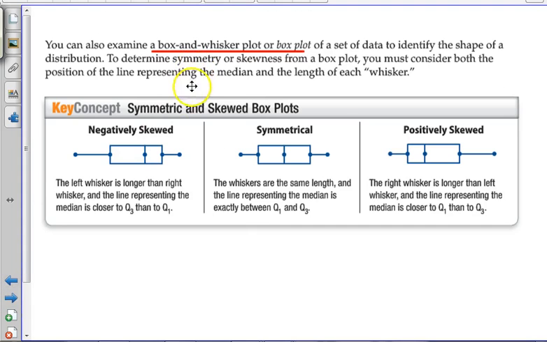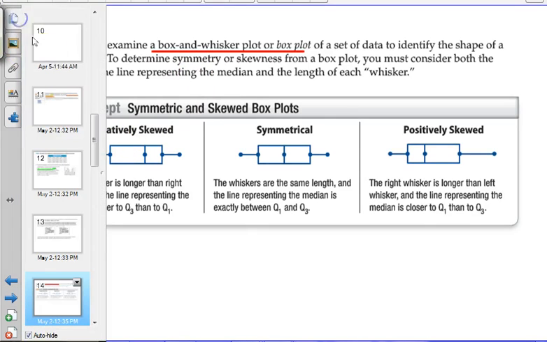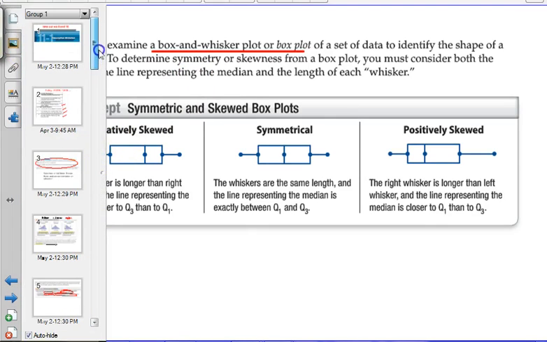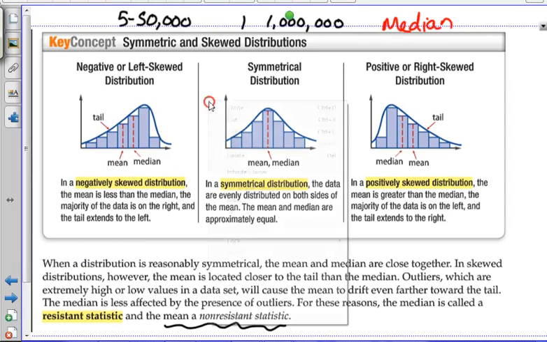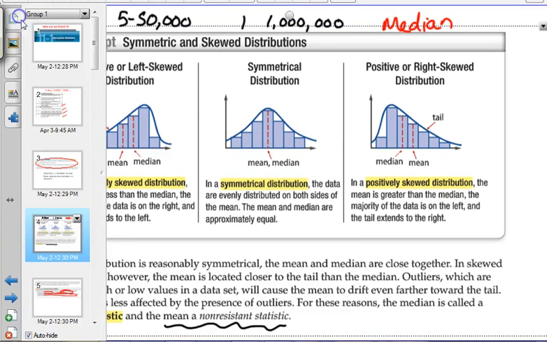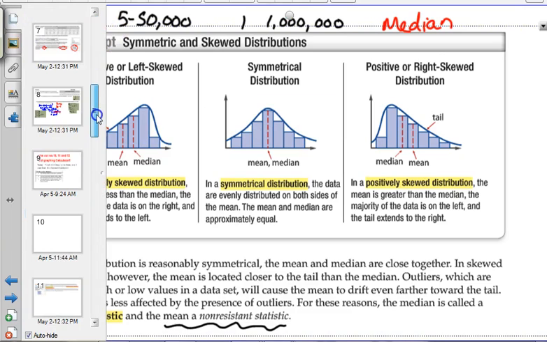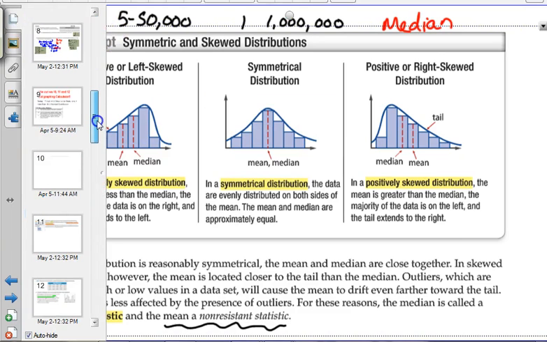We're going to talk about skewedness. Now, I need to go back and grab a slide from yesterday. Give me 1 second here. This one maybe? Where are we at?